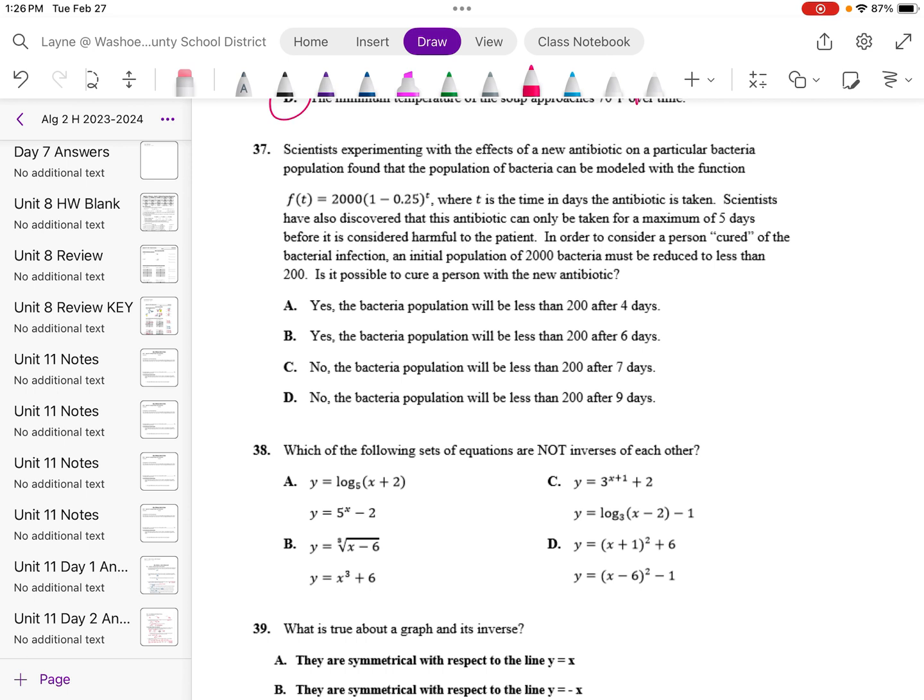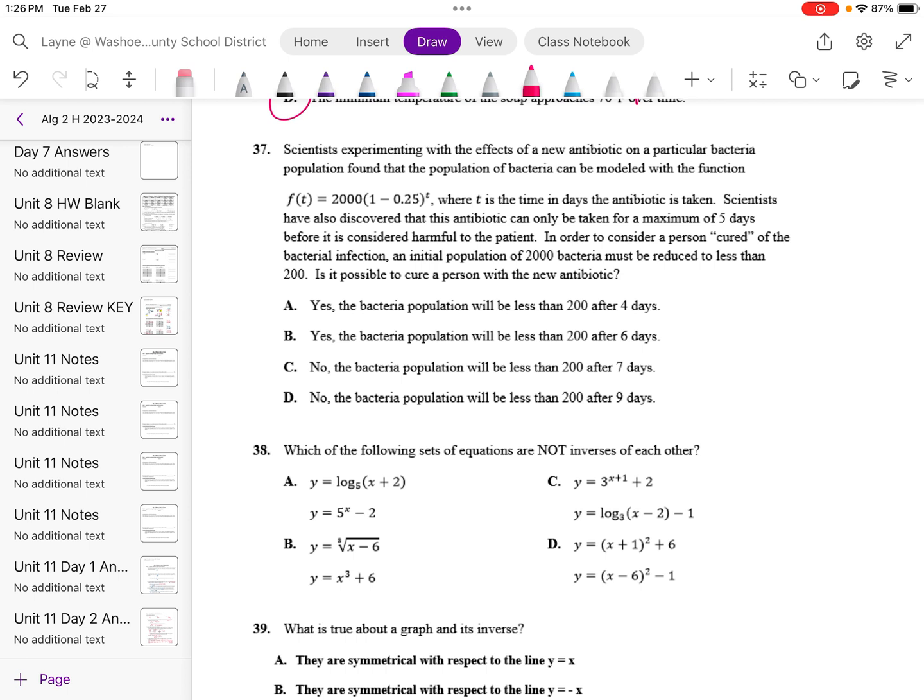In order to consider a person cured of the infection, the initial population of 2,000 bacteria must be reduced to less than 200. Is it possible to cure a person with this new antibiotic?